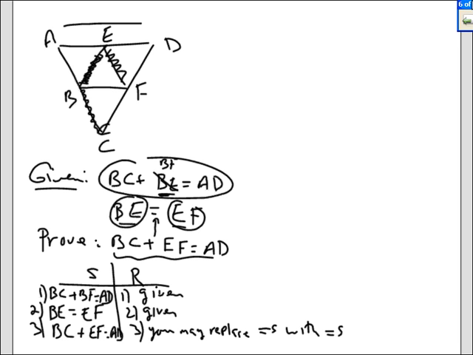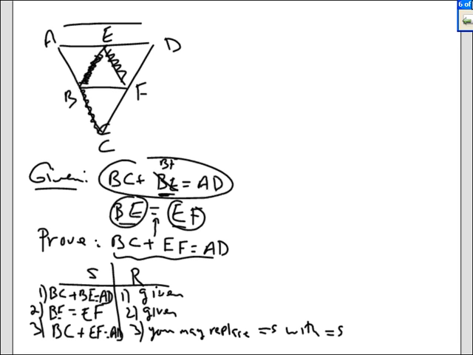You can replace BE with EF. And of course, there's a typo here. The typo was on the first given: BC plus BE equals AD.